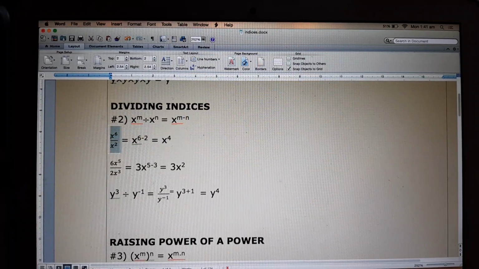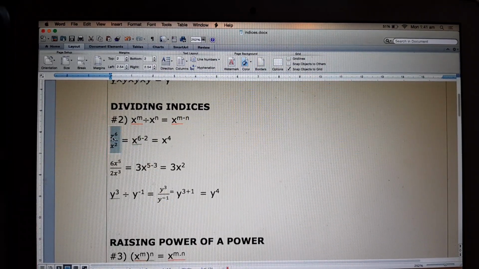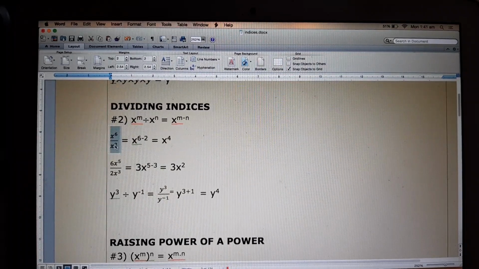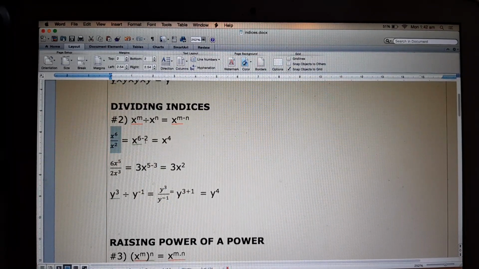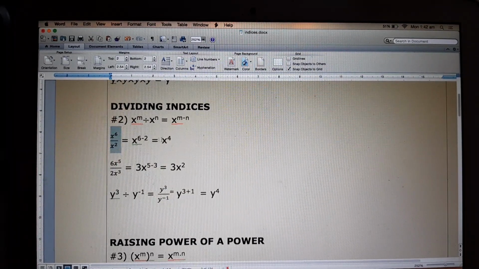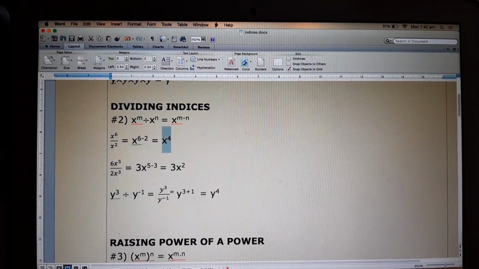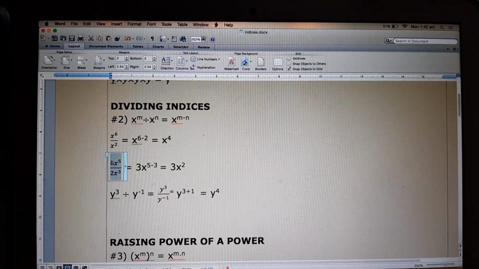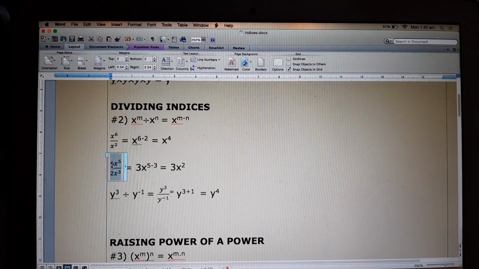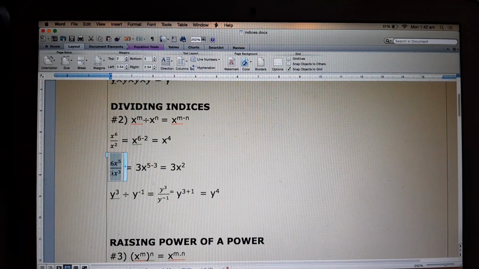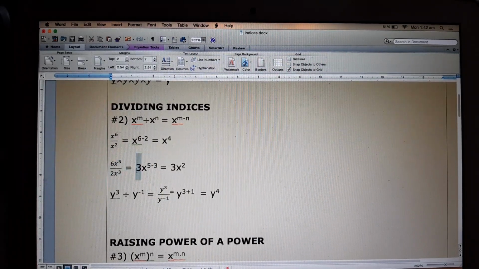Let's see this example. x base raised to the power 6, x base raised to the power 2. When 2 moves to the numerator, its sign will be changed and 6 minus 2 is 4. In this example, we will divide the numbers separately. 6 divided by 2 is 3.